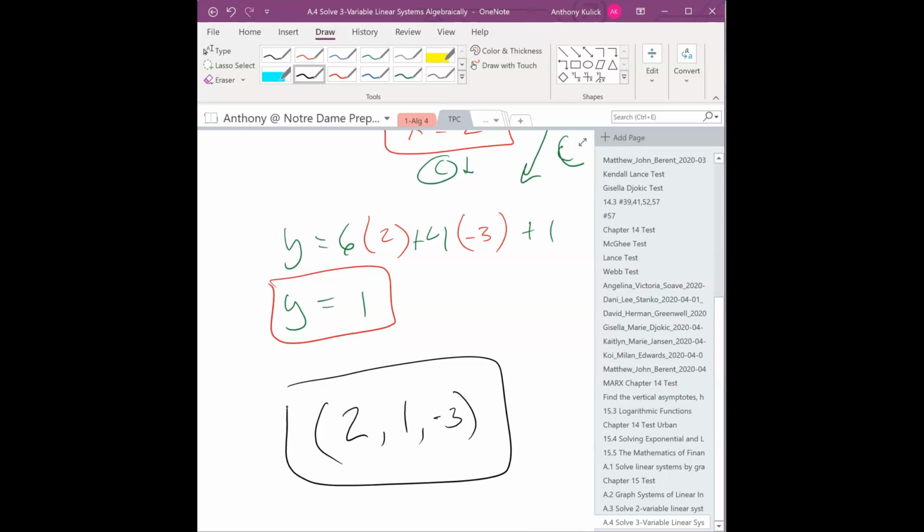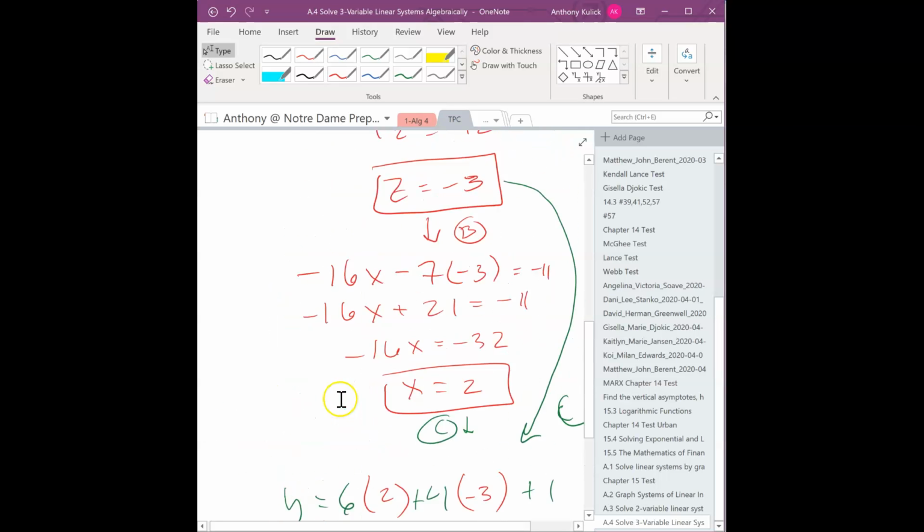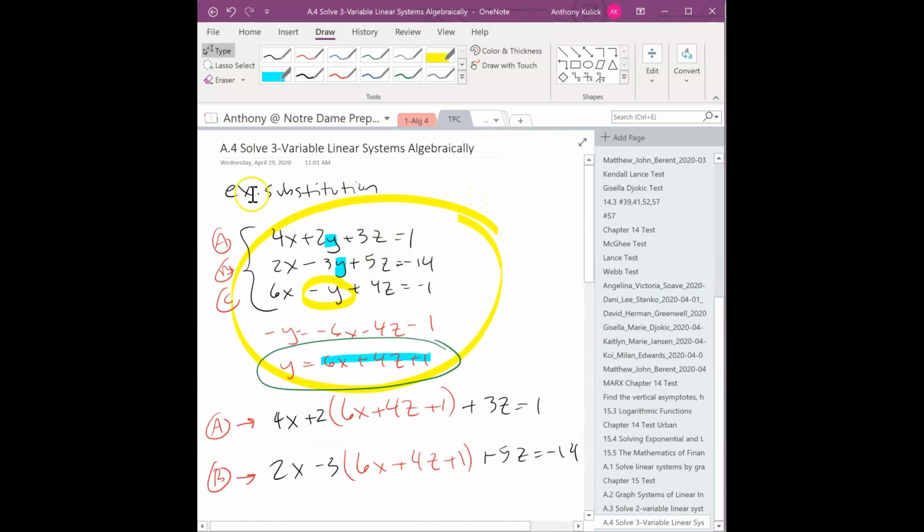Okay, so let's just review what we did there because it was a rather long process. I started with 3 equations that each had 3 variables. I chose one of the equations and isolated a variable from one of those 3 equations. In this case, it was equation C, and I isolated the y. I then took that value for y and substituted it back into the other 2 equations.